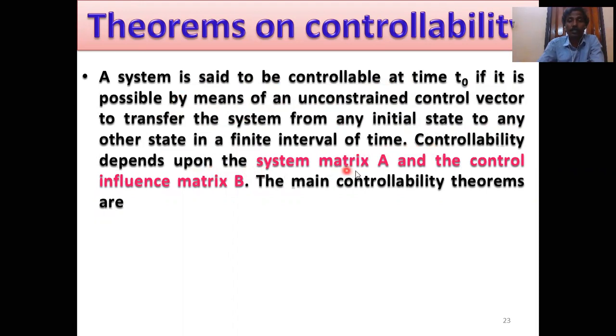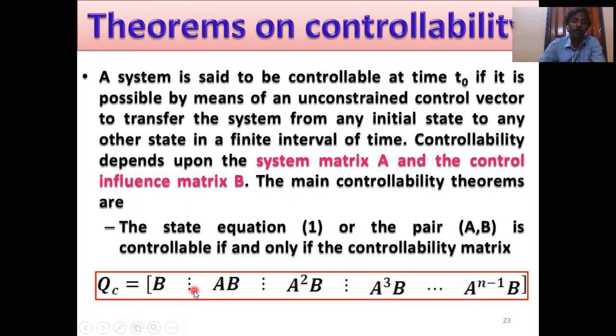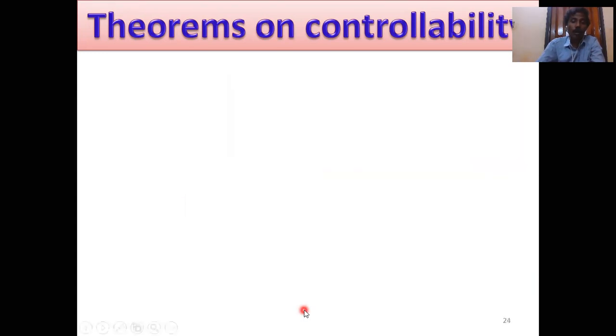Controllability depends upon the system matrix A and the control influence matrix B. The main controllability theorem: the state equation, or the pair A, B, is controllable if and only if the controllability matrix Qc equals B, AB, A square B, and so on up to A to the power n minus 1 B has rank n, that is, full row rank.